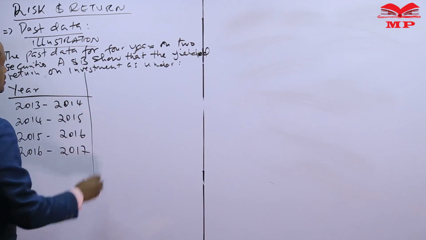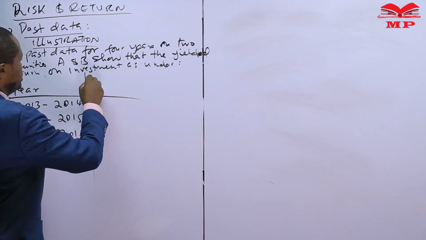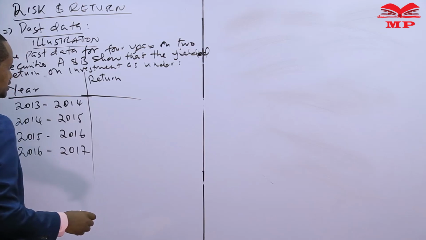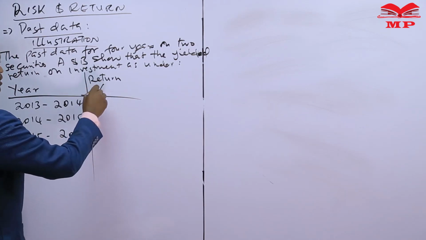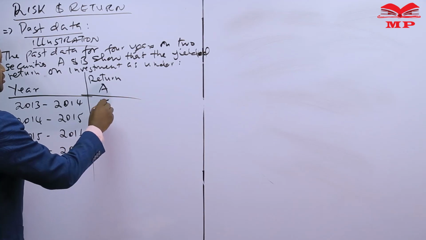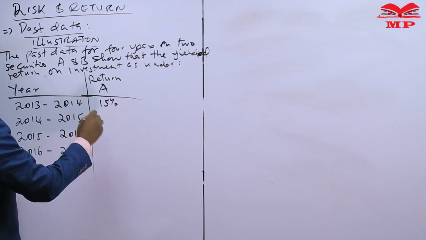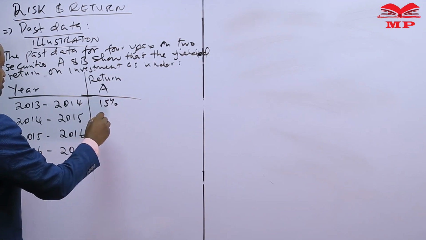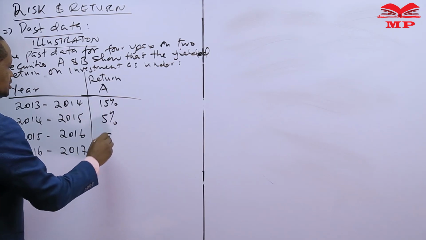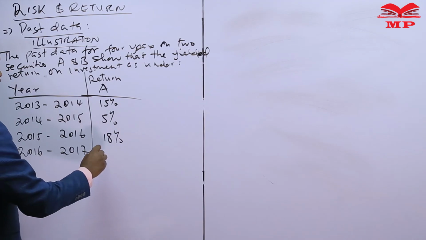Then the yield or return for security A, say, 15%, the next year 5%, next year 18%, following year 7%.